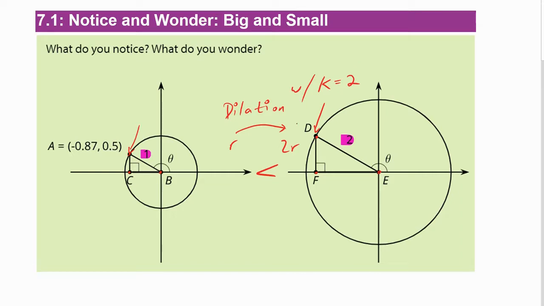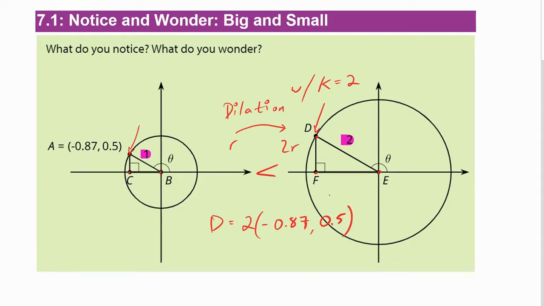All right, so what does that mean about the coordinate for D? Well, isn't D's coordinate going to be very much like A's coordinate, but basically 2 times greater? That's a 7, a very horrifying 7, and 0.5.